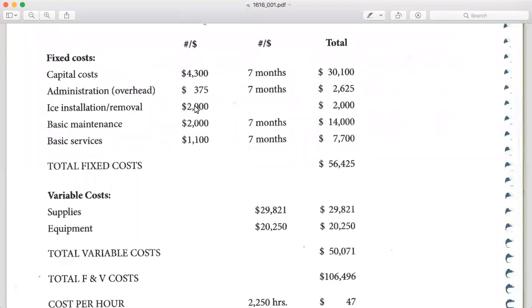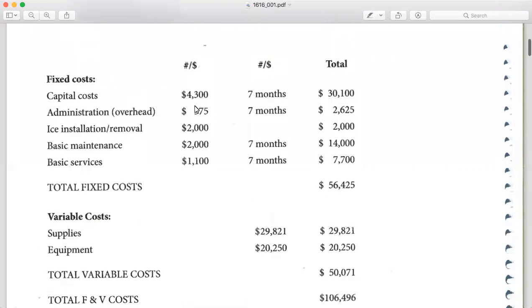So if you add the total variable cost of $50,071 plus the $56,425, you're going to get the total F and V cost, which is $106,496. And so that would be F plus V in the formula above. I'm going to bring that back up.